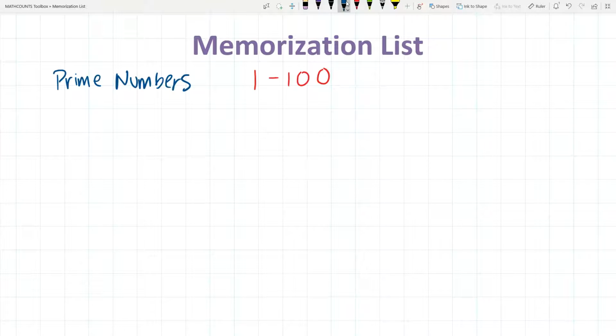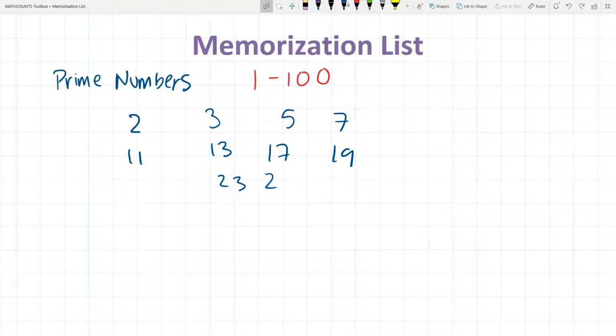And it's also good to know different things about the prime number table. So for example, the prime number table is like 3, 5, 7, and then you have 11, 13, 17, and 19 here, and then you have 23 and 29.